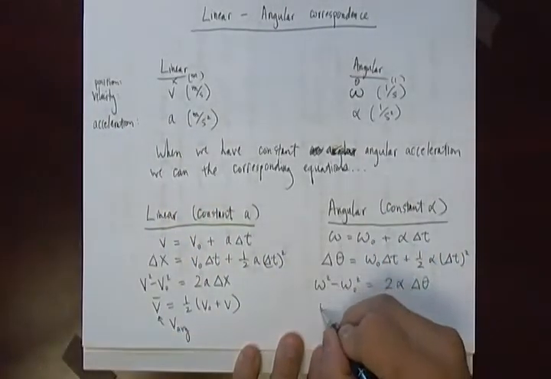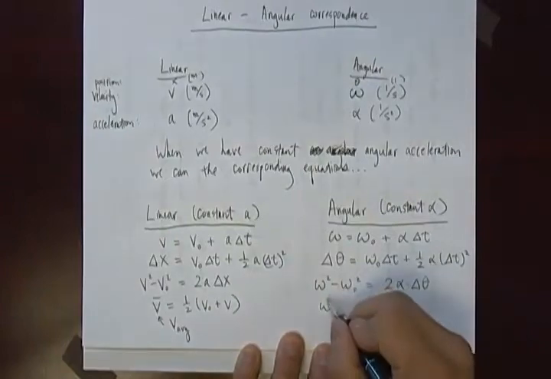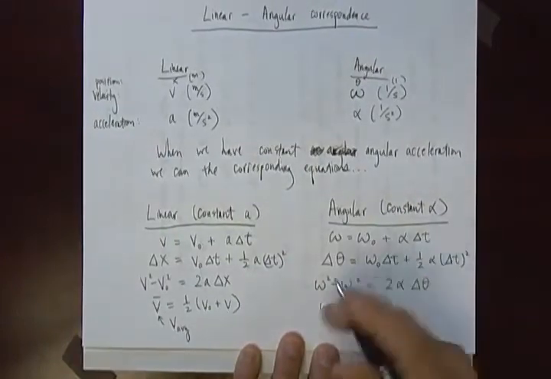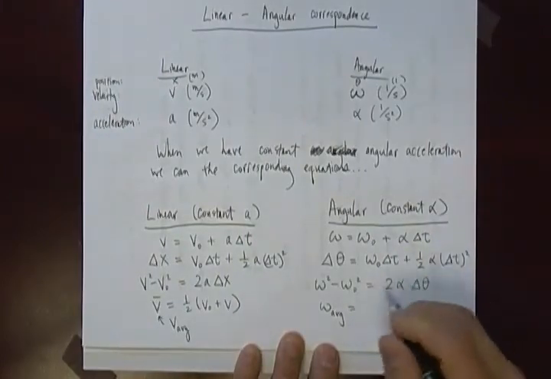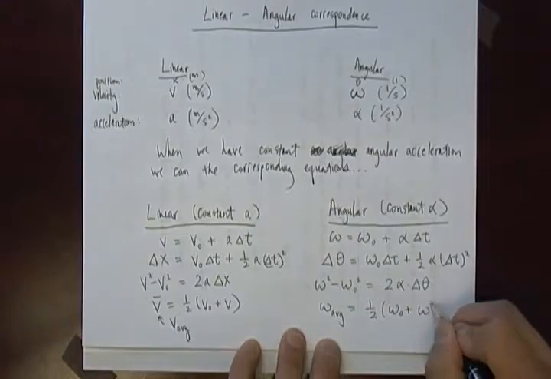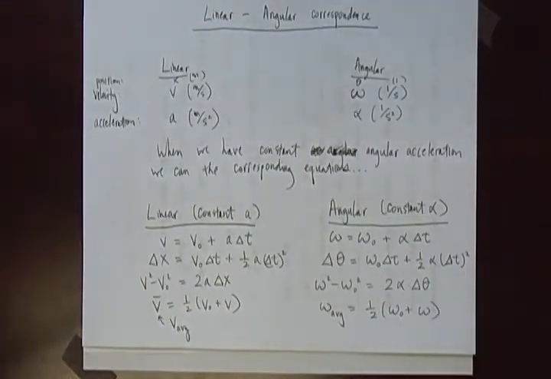And now we have omega instead of v, so omega average, or omega bar, whichever notation you want, is equal to 1/2 (omega naught plus omega). So you just make these correspondences and you solve the problem pretty much the same way.